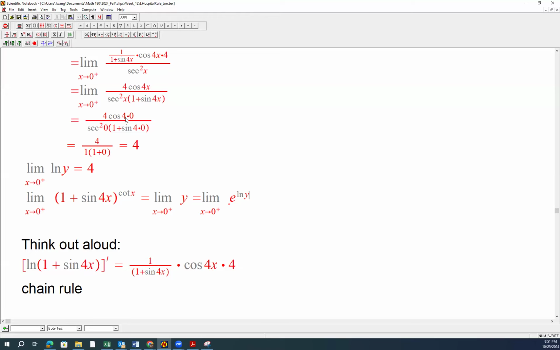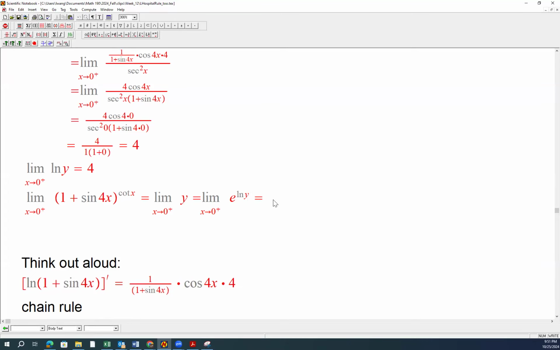Okay? All right? So now, because e to the power x is a continuous function, this limit can go across the continuous function.